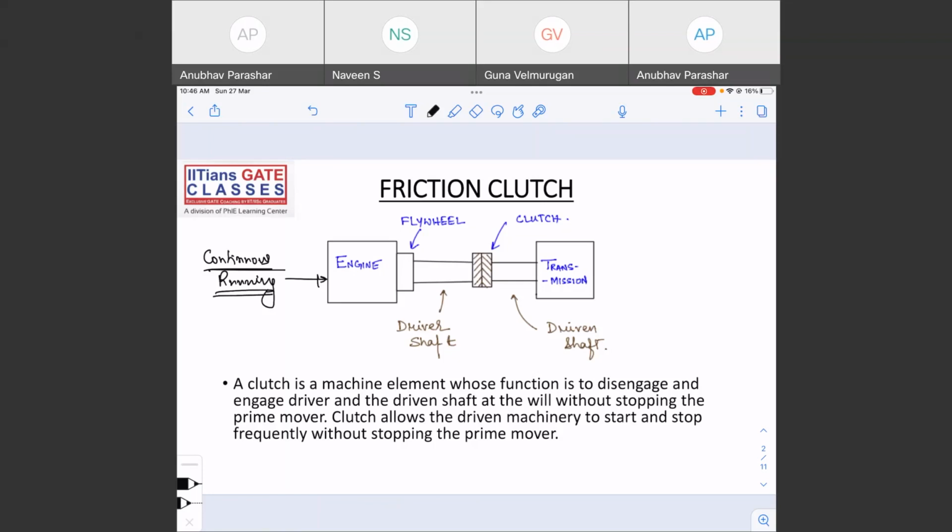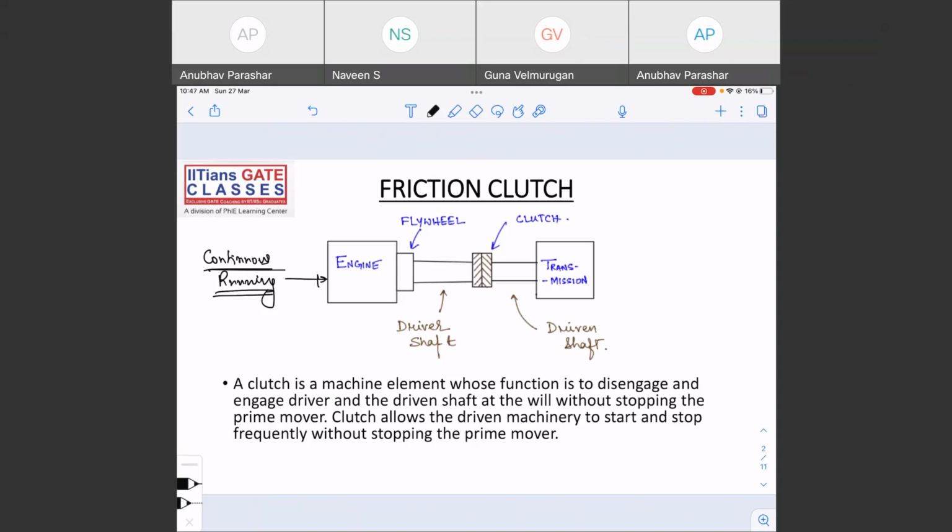Suppose you are in traffic, you have to stop the vehicle. You cannot switch the engine on and off each and every time. That will cause problems in the engine; your spark plug or ignition system will wear out very fast. You cannot do that.